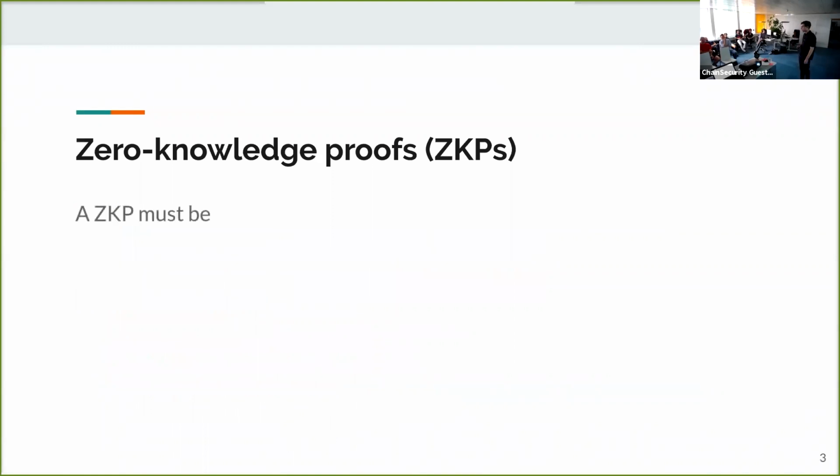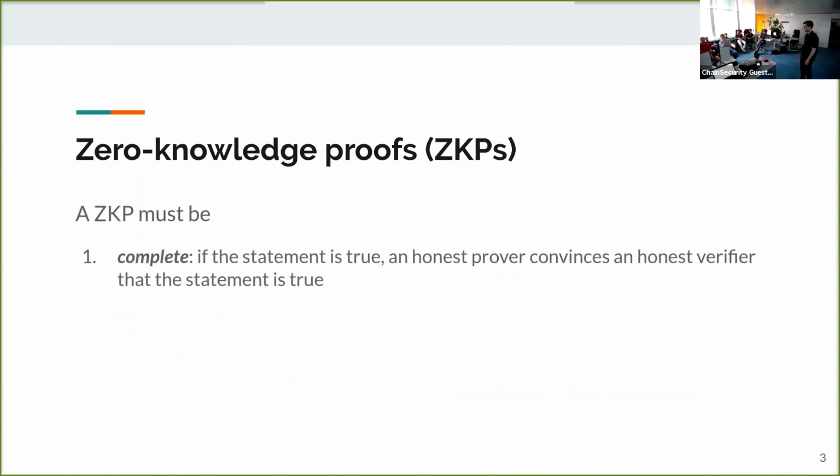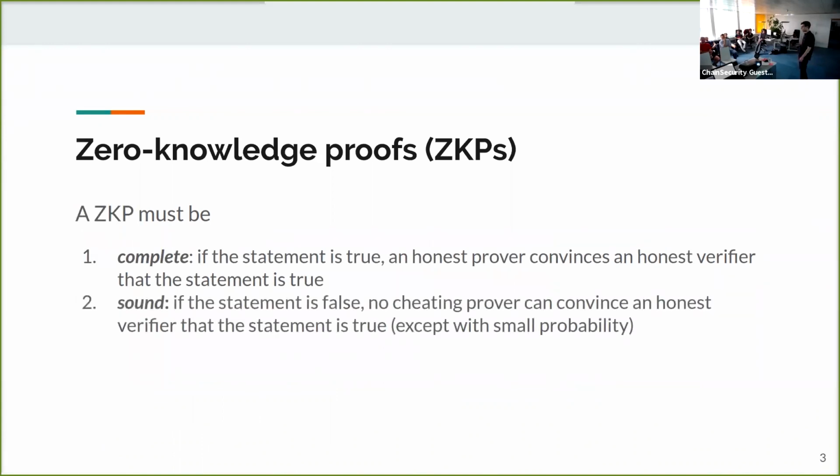What are the properties a zero-knowledge proof has? First of all, there is completeness. Completeness means that if the statement the prover wants to prove to the verifier is true, then an honest prover, a prover adhering to the zero-knowledge protocol, will be able to convince an honest verifier that it is true. Second, we have soundness.